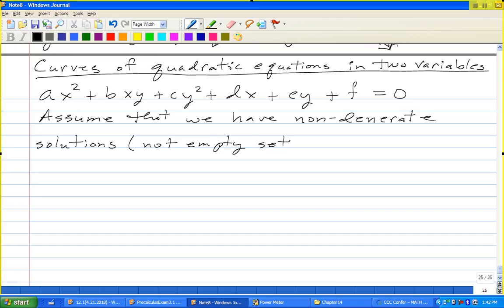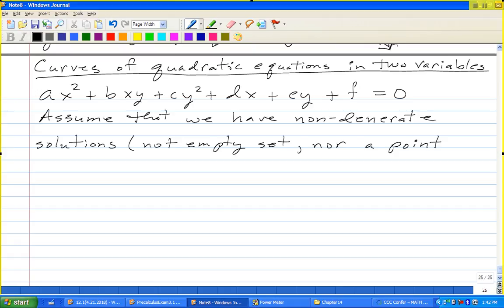The solution's not just nothing, nor is it a point. You could have x squared plus 1 equals 0, which has no real solution.